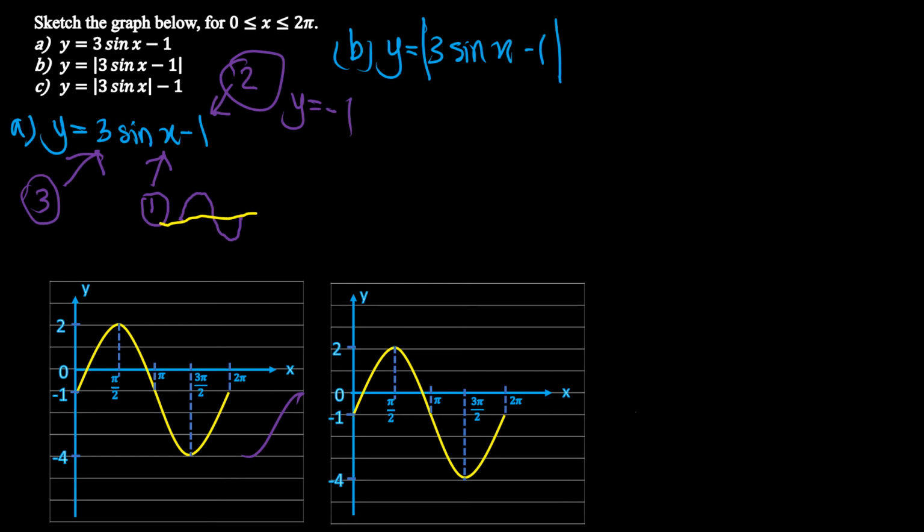Modulus means we don't have any negative part. The negative part, which is your red color one, is below y equals 0. This part will be flipped upwards, to the positive part.